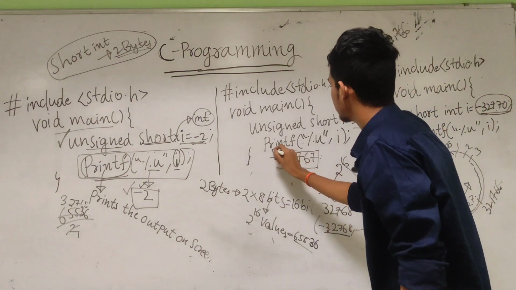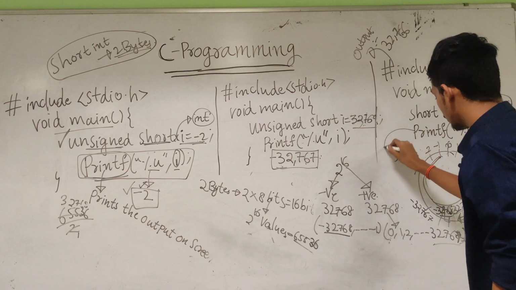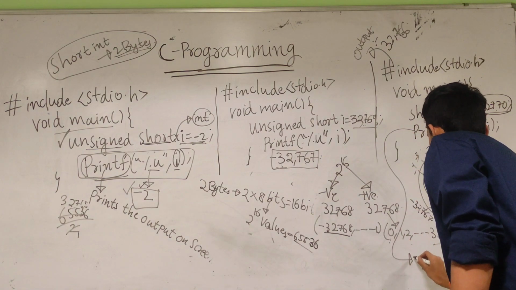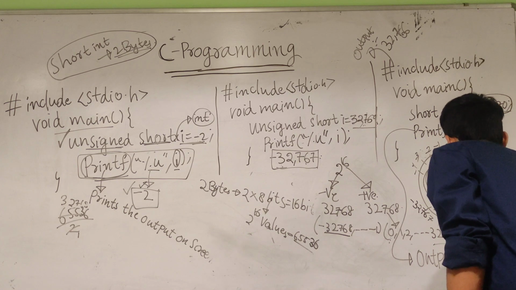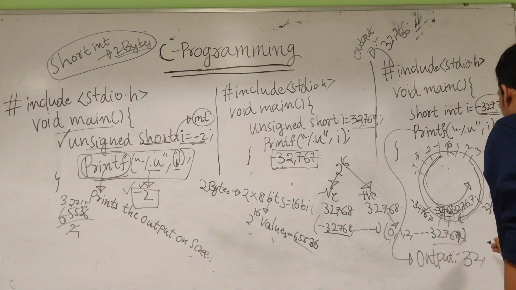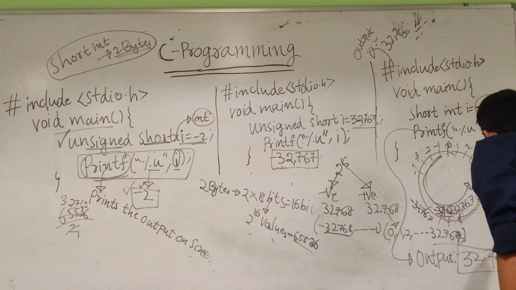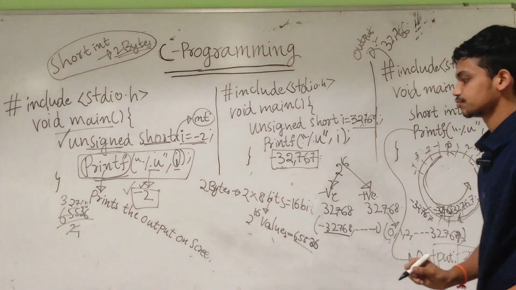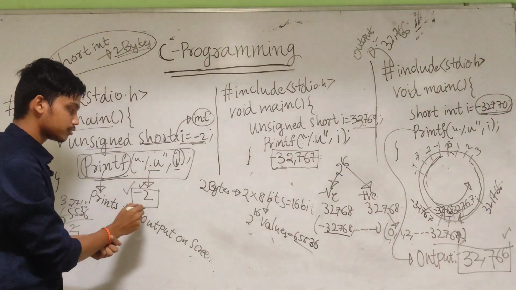I'm keeping these in boxes so you can understand it well. I'm keeping the output here also. What is the output? 32,766 is the output. I think you understood how to do these calculations.